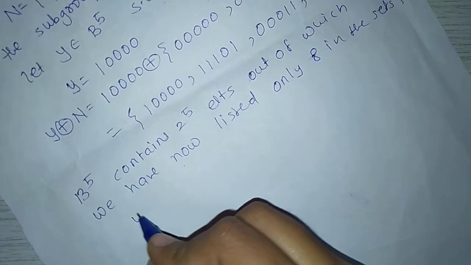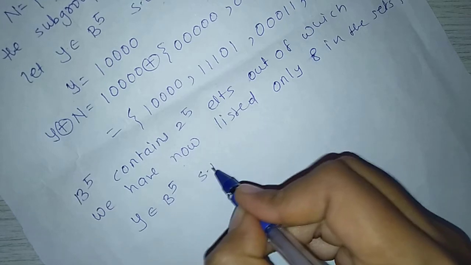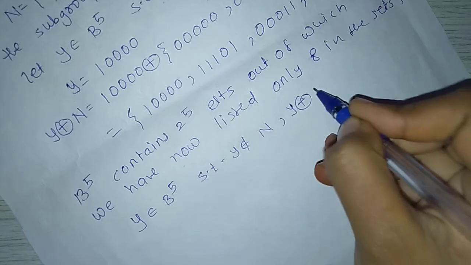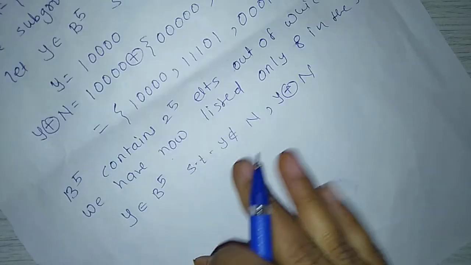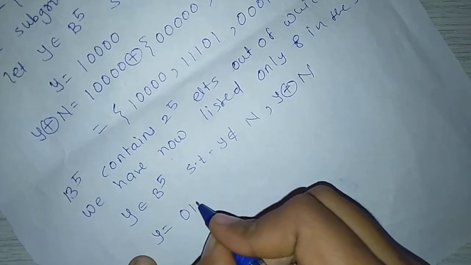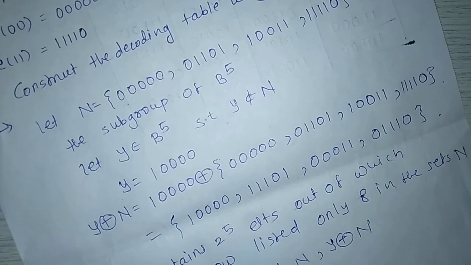Again take y such that y does not belong to N, and also does not belong to y ring sum N. Take y equal to 01000, which does not belong to this set, and also does not belong to this set.